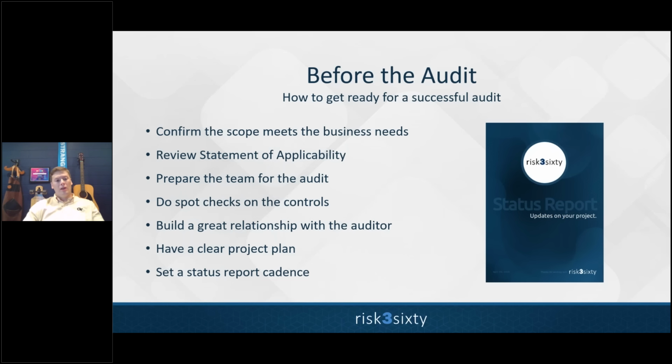Lastly, set a status report cadence. Create a bi-weekly meeting. Honestly, if it's your first year, I'd say monthly might be too infrequent. I would say consider at the longest a bi-weekly cadence with the team, with control owners, with the appropriate folks, to make sure that everyone is staying on the same page.